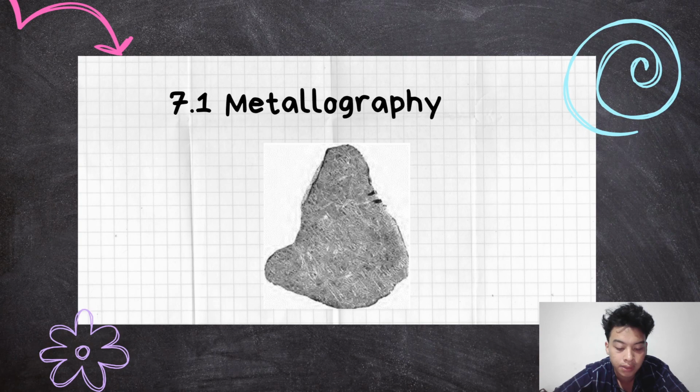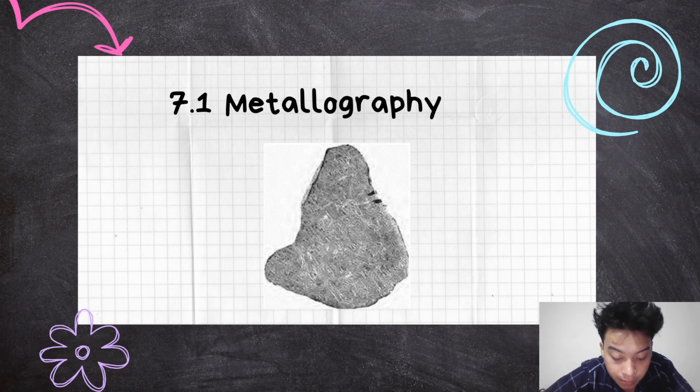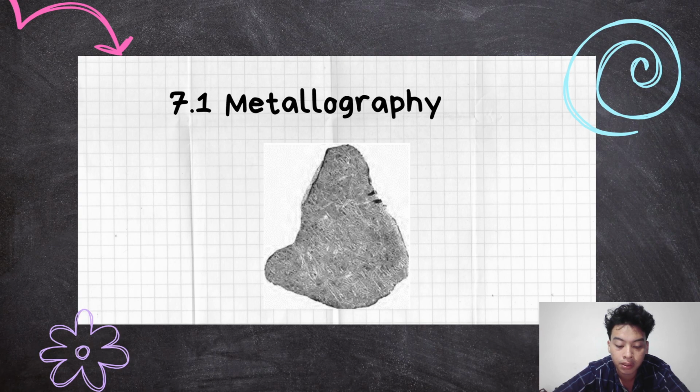So 7.1 Metallography. Metallography is the scientific discipline of examining and determining the constitution and the underlying structure of metals. It may be done over a wide range of length scales or magnification levels, ranging from a visual or low magnification, 20 times examination, to over 1000 times with electron microscopes.